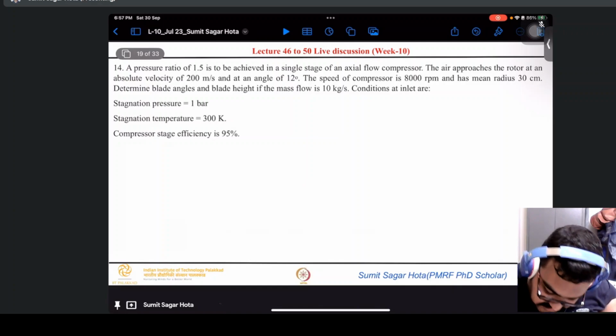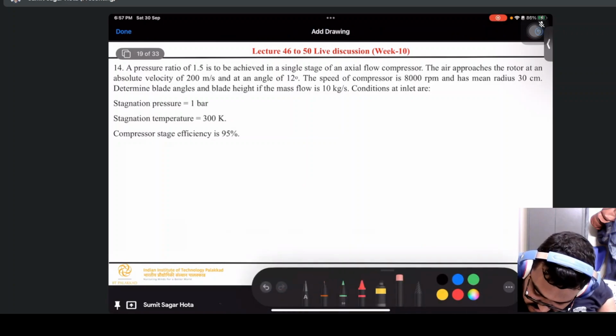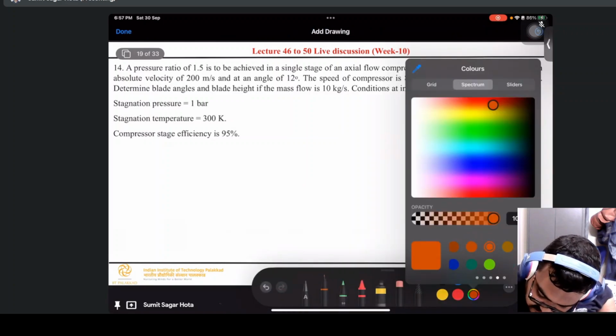For this kind of question where lots of angles are mentioned, first you have to draw the velocity triangle of the axial flow compressor.